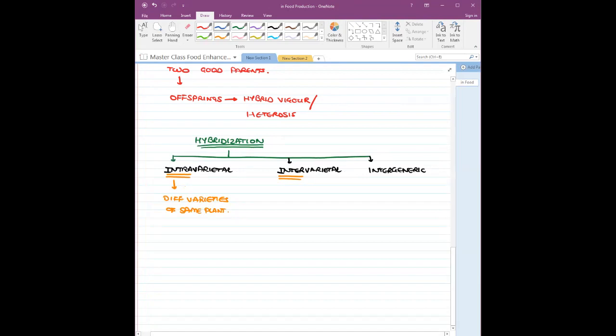Second thing, if we are talking about intervarietal, then it is going to be between different plants, but they have to be of the same species. So between two varieties of the same species, they can belong to different parents, different plants, different geographical locations, maybe.